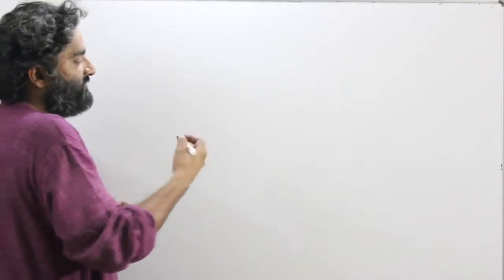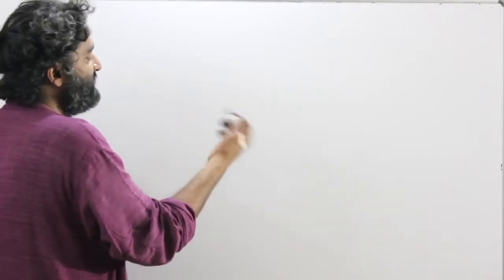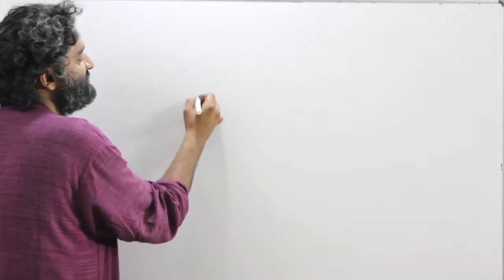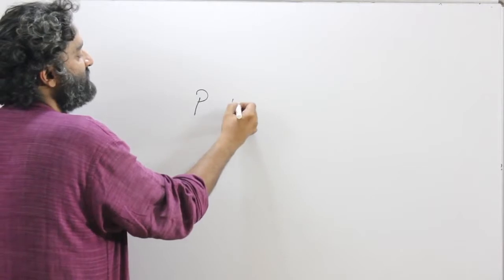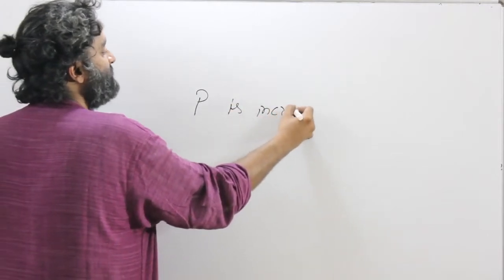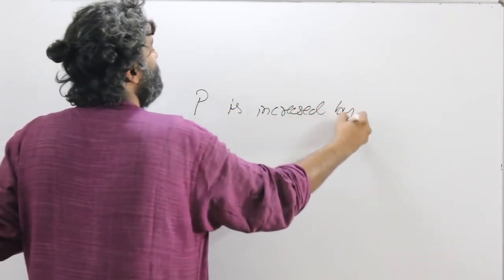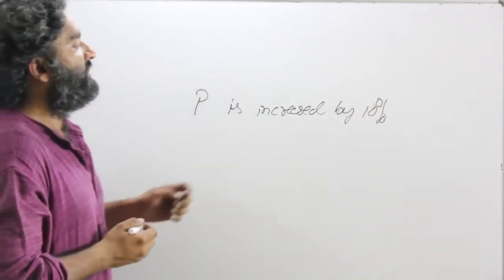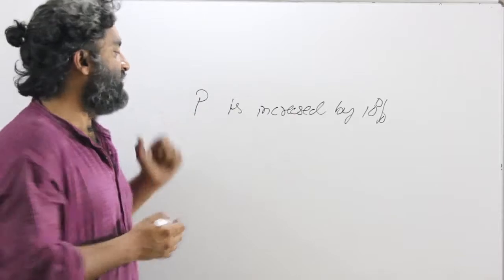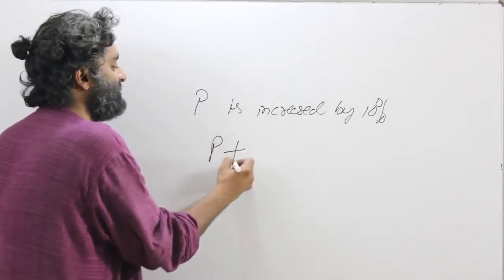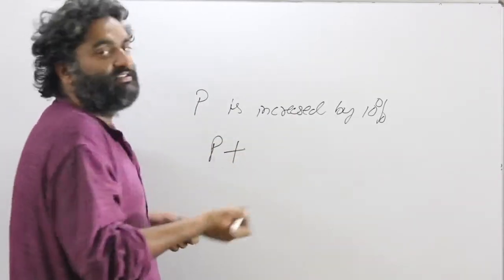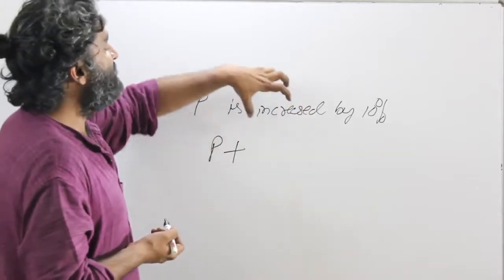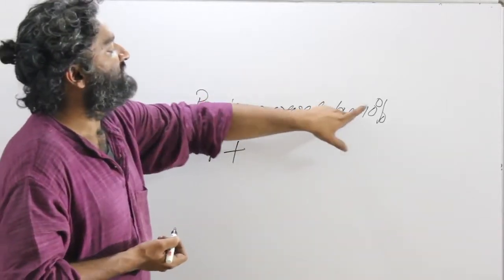Another very basic operation is increase and decrease. Let's say the price of an article is increased by 10%. What does that mean? P is increased, so I know it's going to be P plus something. But by how much is it increased? Whatever the increment amount is, it is 10%.